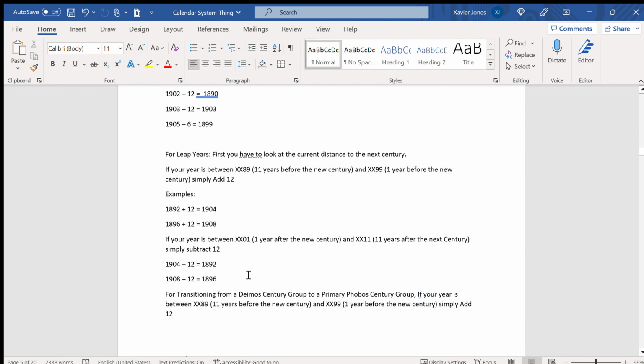It would be 2304 minus 12 equals 2292, or 2108 minus 12 equals 2096. How about transitioning from 2100 to 2200?